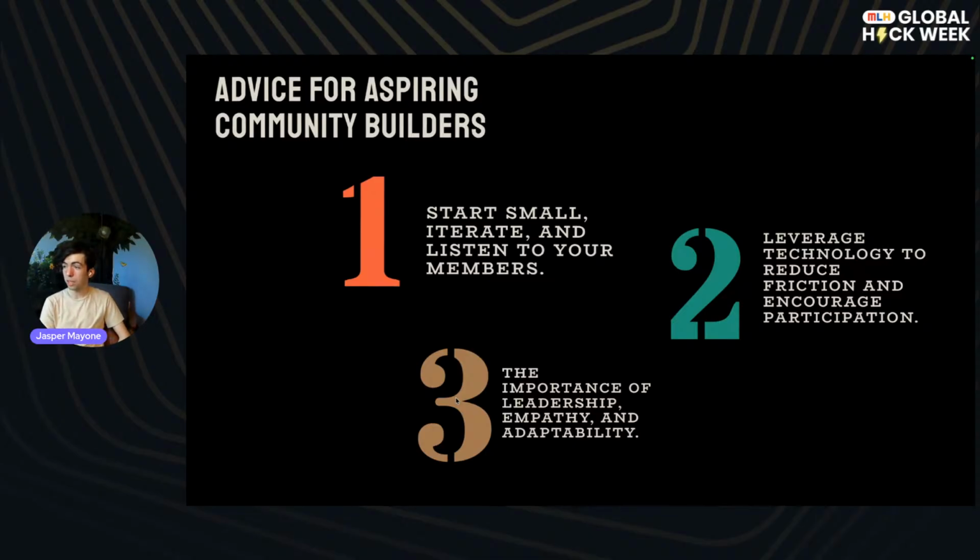And then the second point would be leverage technology to reduce friction and encourage participation. So anything you can code or build, without going overboard, to make it a really frictionless and smooth experience for people in your community, build it. The welcoming bot, stuff like that, little automations.